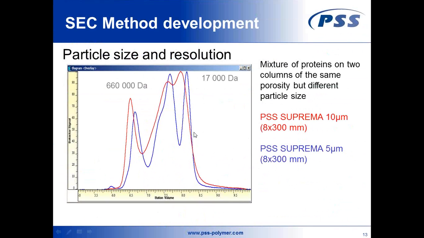The dimensions of the columns beside the size are completely identical. The column type is completely identical, and as you can easily see, comparing the blue to the red, when the particle size is getting smaller, the resolution can be improved dramatically only by varying the particle size from larger to smaller.